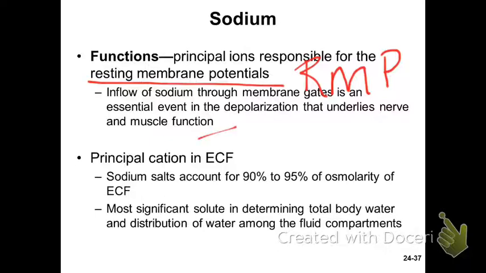Sodium accounts for 90 to 95% of all the osmolarity of the extracellular fluid. So it's a major, major player here. Okay? And we'll continue to discuss sodium for the next few weeks and its importance.